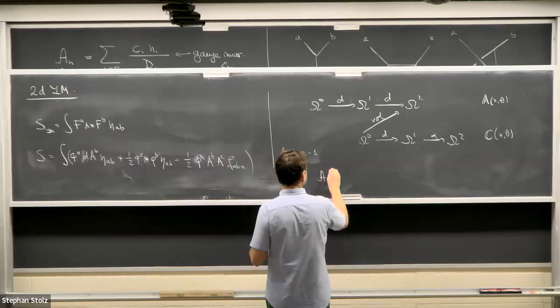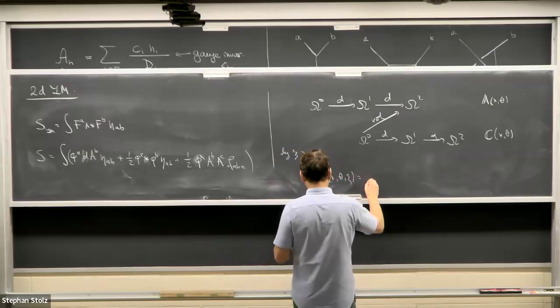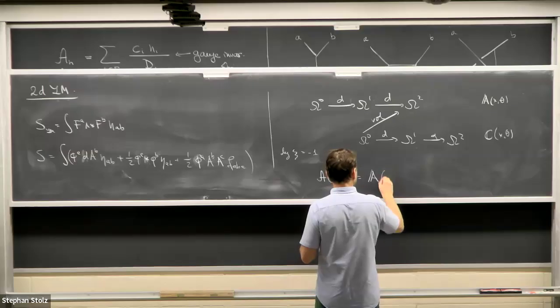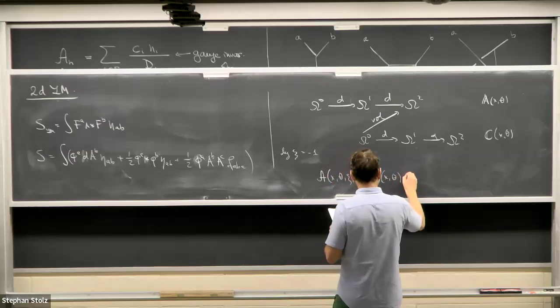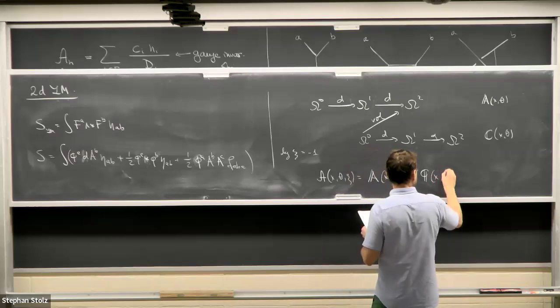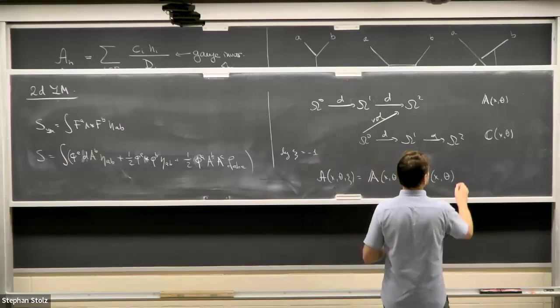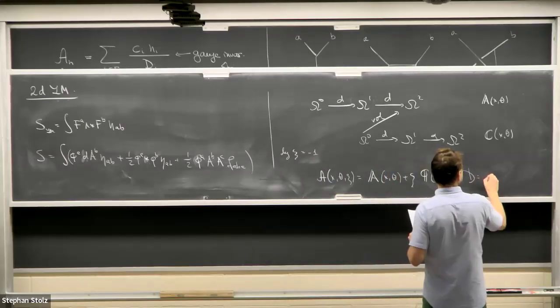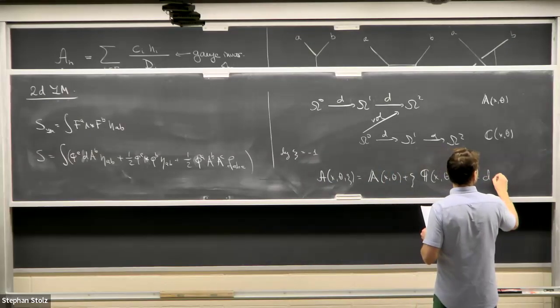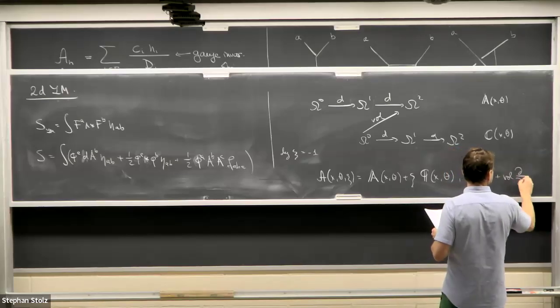I will write my superfield now, x theta and theta, as A of x theta plus psi phi of x. And then in this picture, my operator P is just the de Rham differential plus the volume derivative of x.